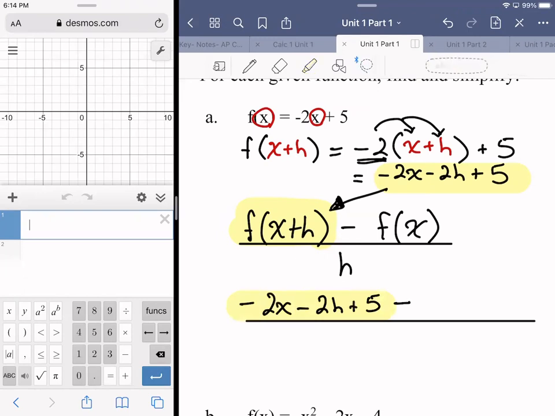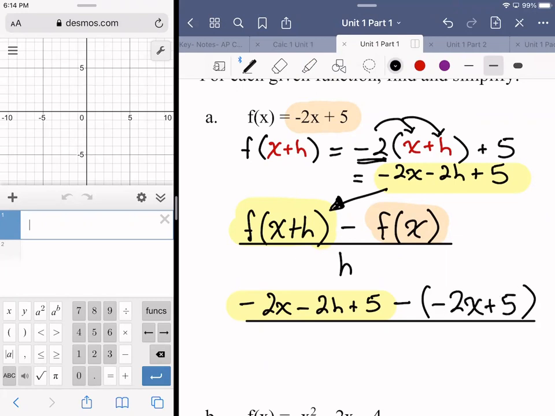I also know that f of x, that given function, is equal to negative 2x plus 5. So I could do another direct substitution, but this time in parentheses, because I'm subtracting the entire f of x function, which consists of negative 2x plus 5. I leave the h alone. That's part of the fun.